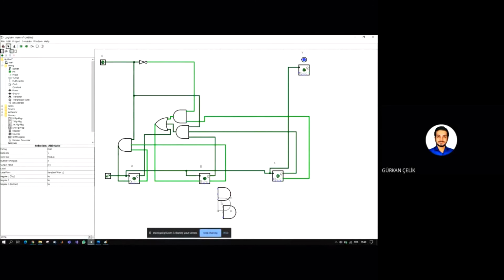Okay. So two of them is 2 inputs. Okay. Yep.